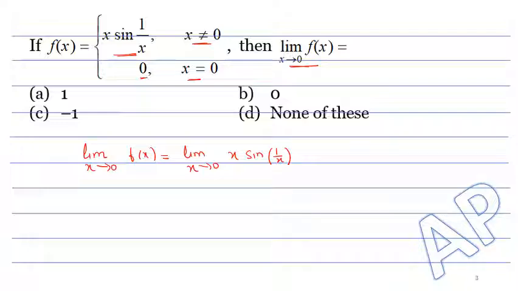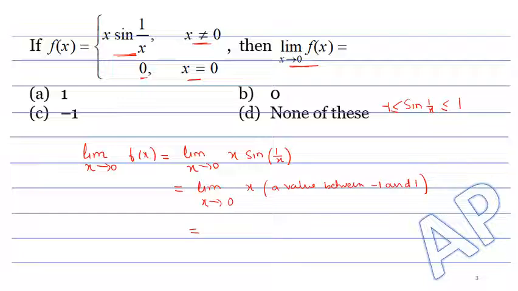We know that sine 1 by x is a value between plus 1 and minus 1. Therefore, limit of this function as x tends to 0 is x into a value between minus 1 and plus 1.